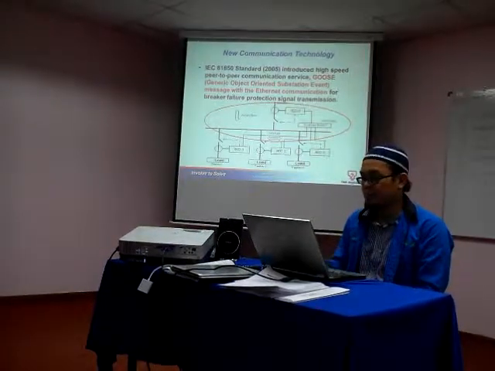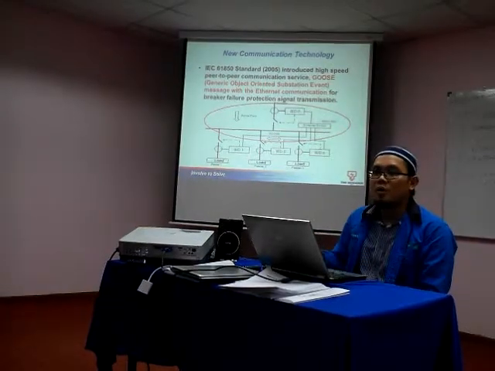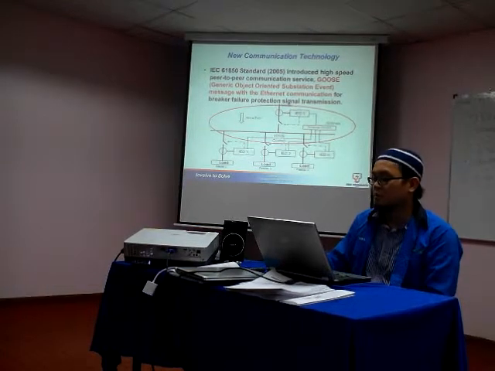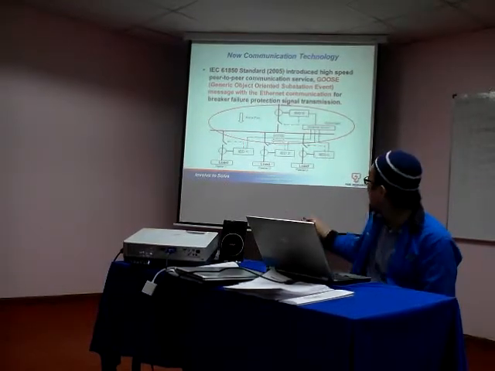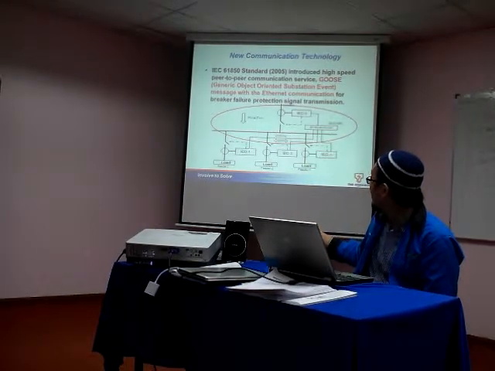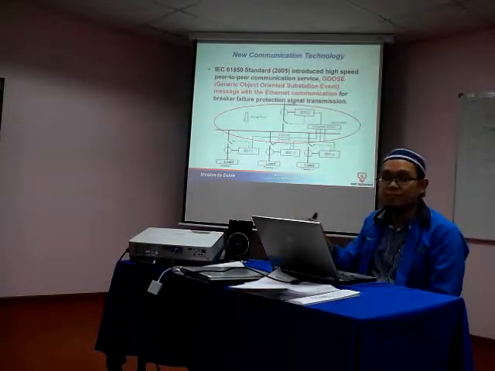Okay, you can see from this figure, all the bulk wire has been replaced by a single line. You only need an Ethernet cable connecting all the relays for the scheme.